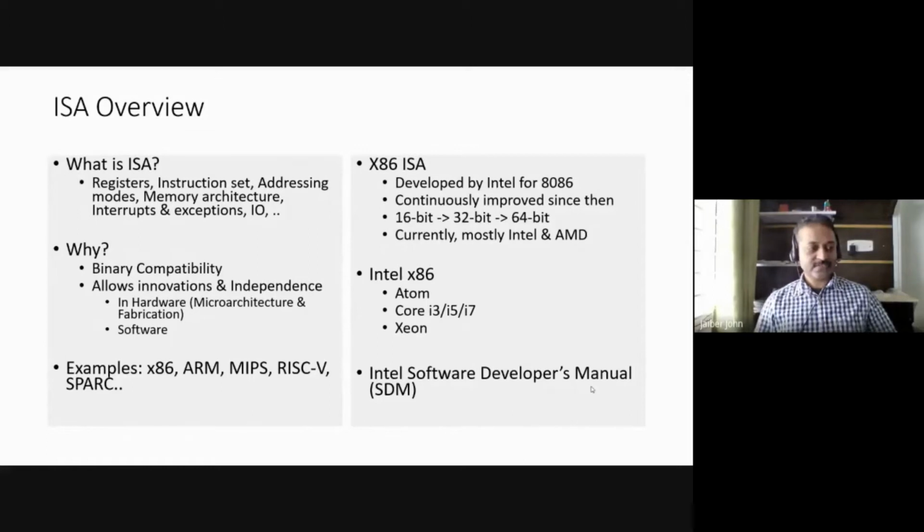Now, finally, I have to tell you about one point. There is something called the Intel Software Developer's Manual. It's a PDF file. You can just Google it. It's available on the Intel website for free.